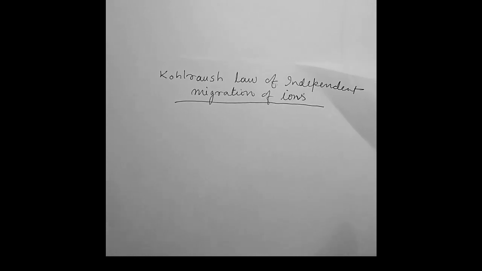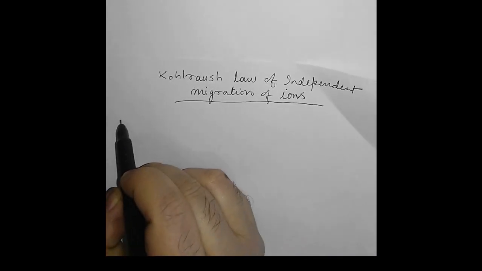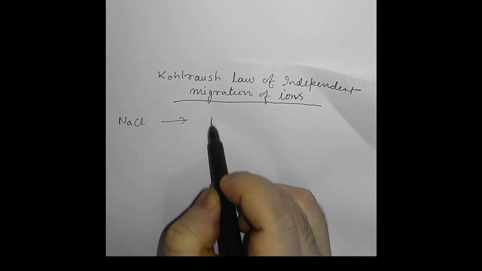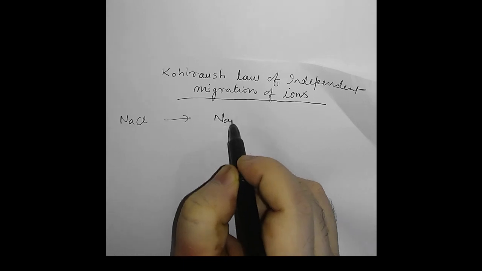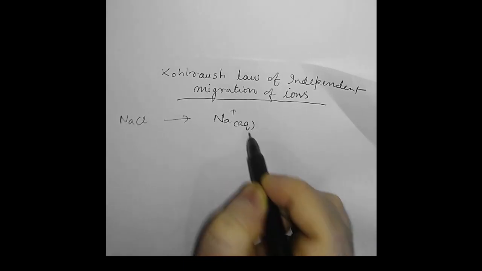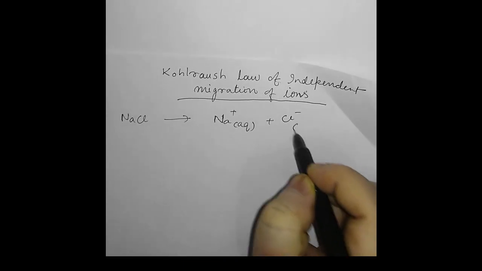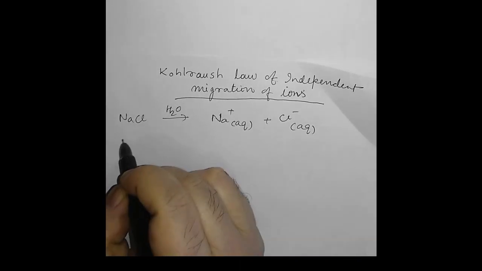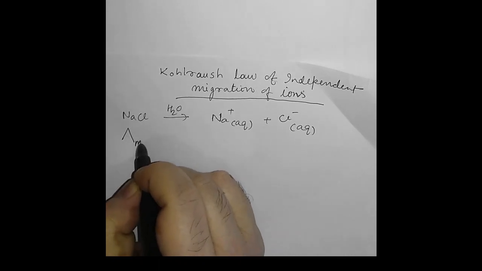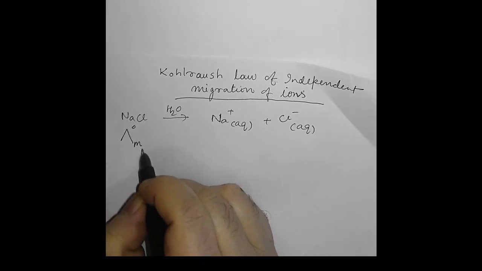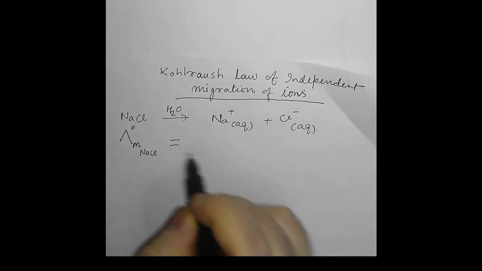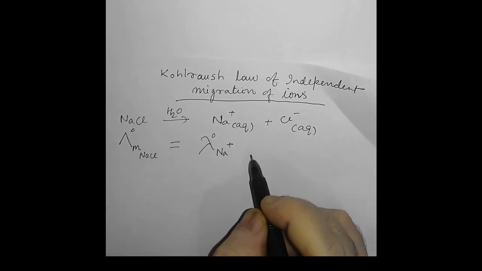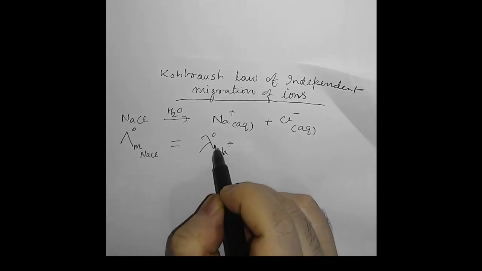According to this law, say if there is an electrolyte NaCl and it breaks in water as Na+ (aq) plus Cl- (aq), then the total molar conductivity of NaCl will be equal to the sum of the individual molar conductivities of its corresponding ions.